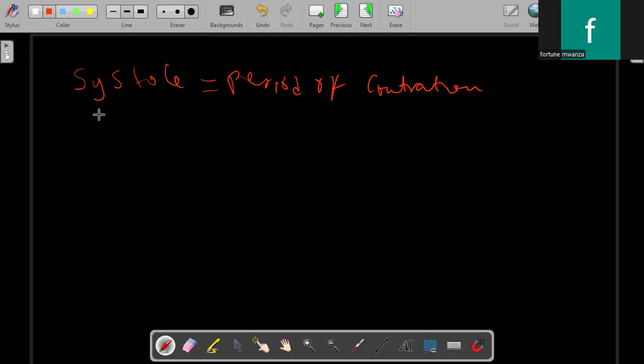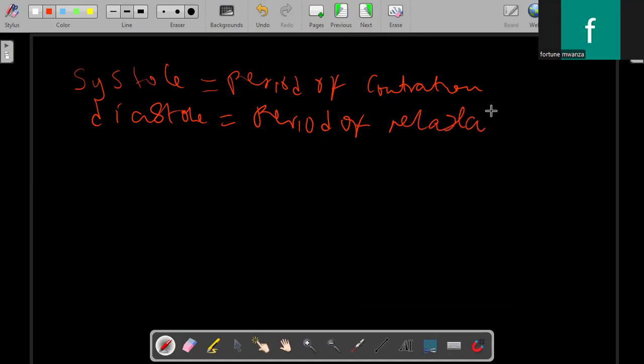Then there is what we call diastole. When we say diastole, we mean we are in the period of relaxation. So you have to understand these two terms.